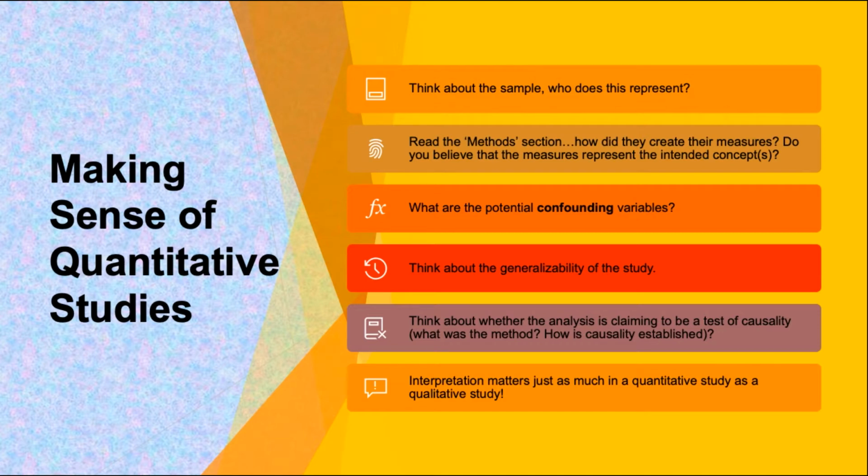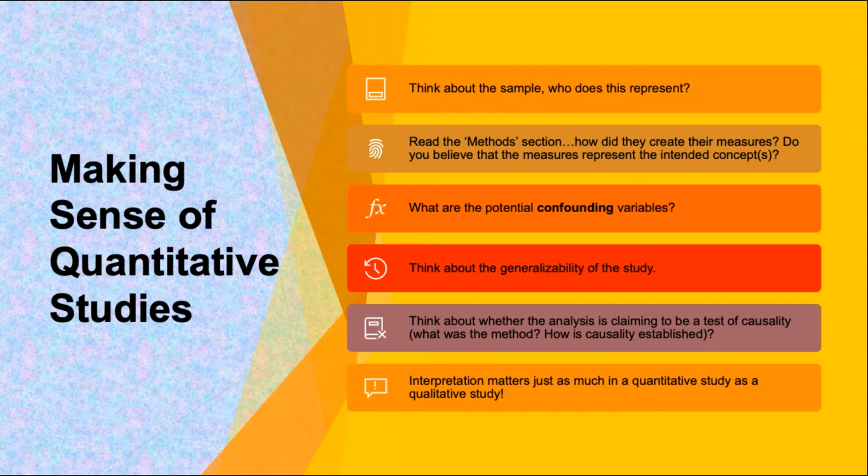I mean the previous studies that you rely on in order to measure your variables. How did they measure those variables? Do you believe that the measures represent the intended concept or not? Later we will also talk about that. What are the potential confounding variables? And also we are going to talk about that later.